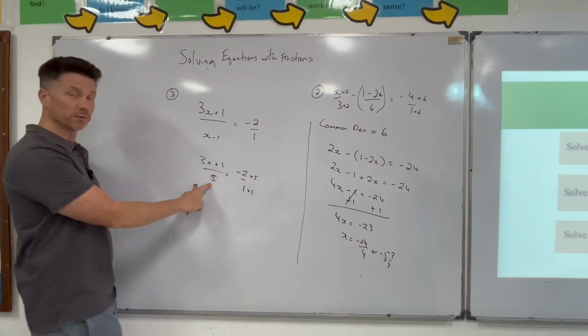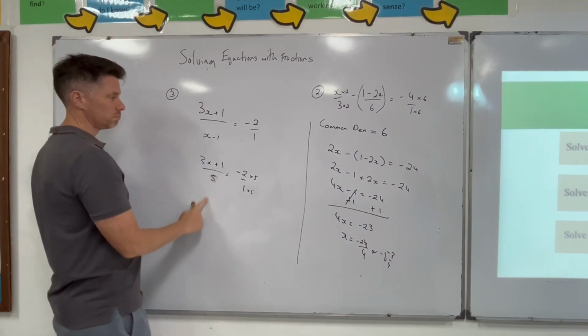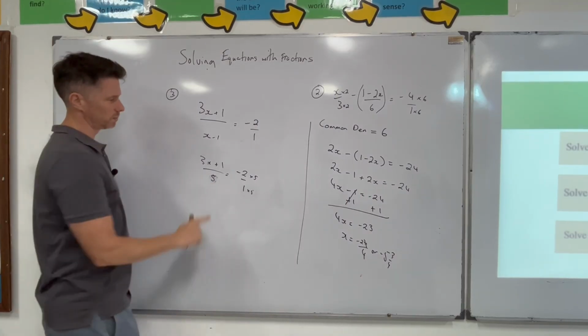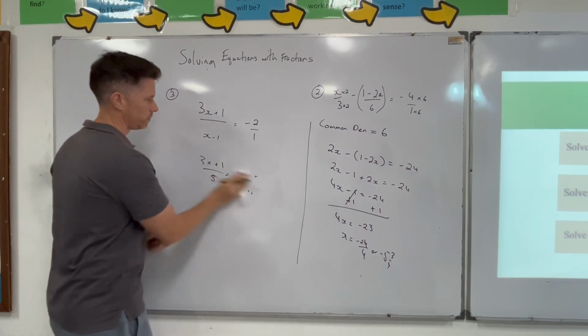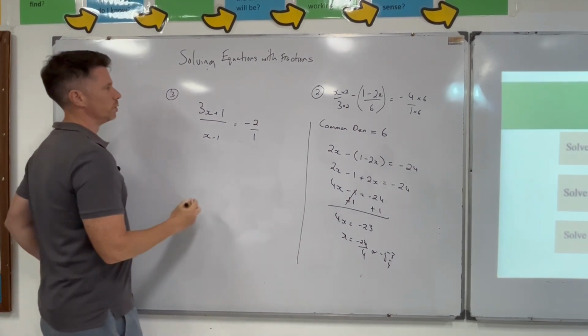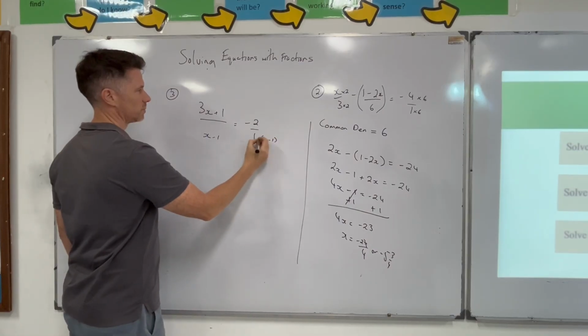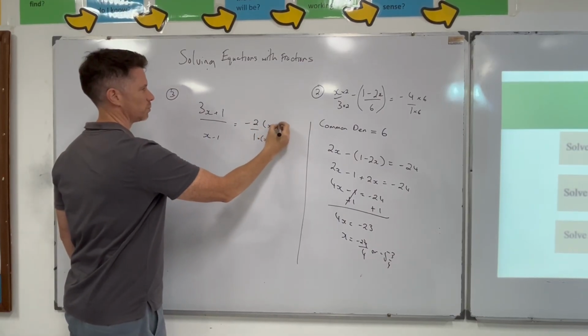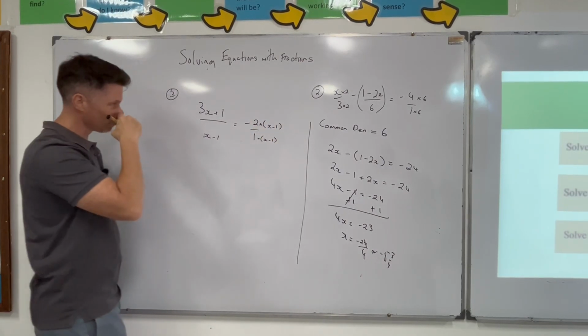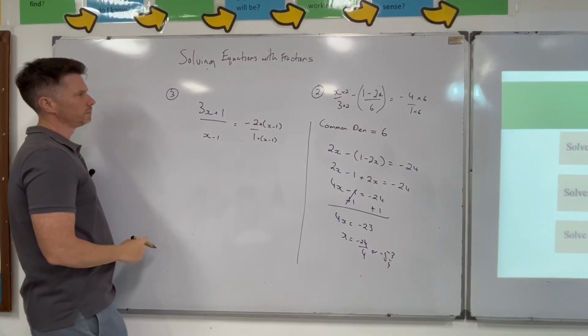So I multiply by whatever this is. So multiply it by x minus 1. So I'm going to multiply by x minus 1 times x minus 1. You might even need to write this, but that's what we have done.